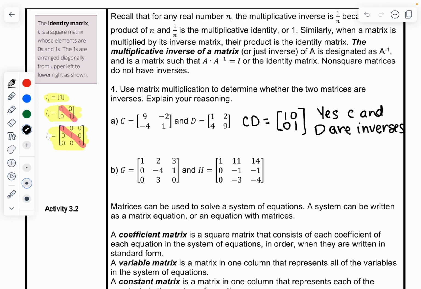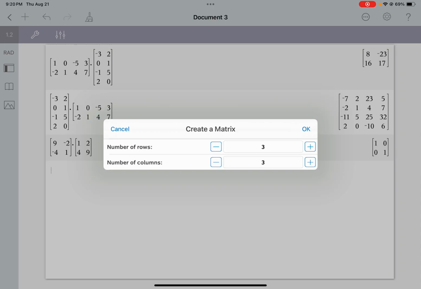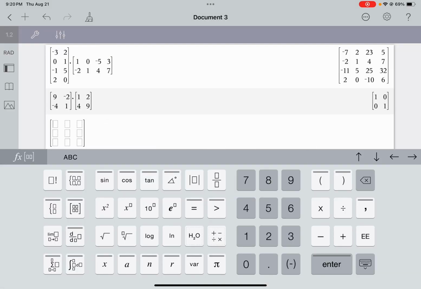Okay, so now we're going to do the same thing with G and H. We're going to see if they're inverses. So here we go. We have our matrix, and it looks like these are 3 by 3 matrices. So all we're going to do is plug in the numbers for them. So let's go through and do that.